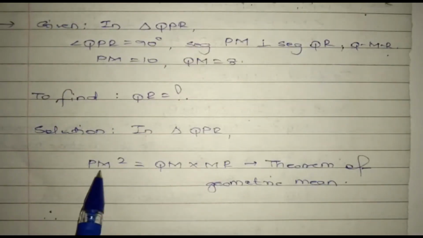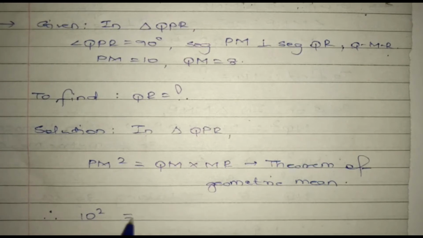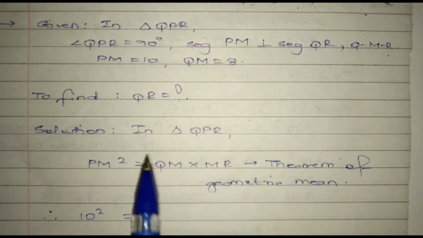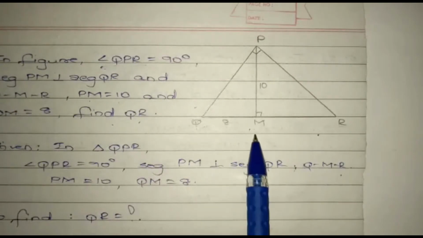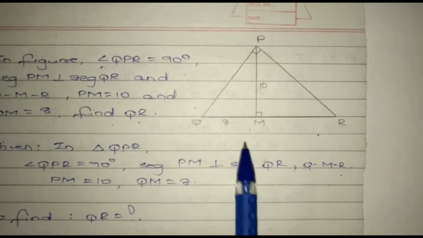Okay, we have PM is 10, therefore 10 square is equal to, QM is also given 8, into MR. We don't know what is MR. We'll find out MR and then we'll add this QM and MR to find out QR.